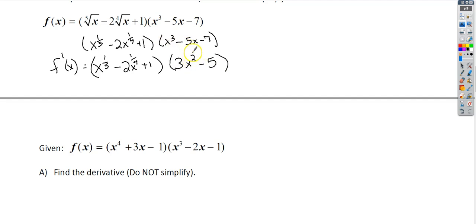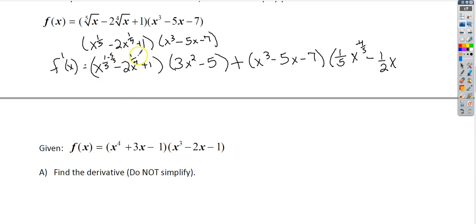It's 3 times 1 is 3, minus 1 is 2, and then x plus the second times the derivative of the first, which would be 1/5 x. 1/5 minus 5/5 would be negative 4/5, minus 2 times 1/4 is 1/2 x. 1/4 minus 4/4, remember always use that bottom number, negative 3/4, and then plus 1 would be 0, and so that's the derivative of the beginning.